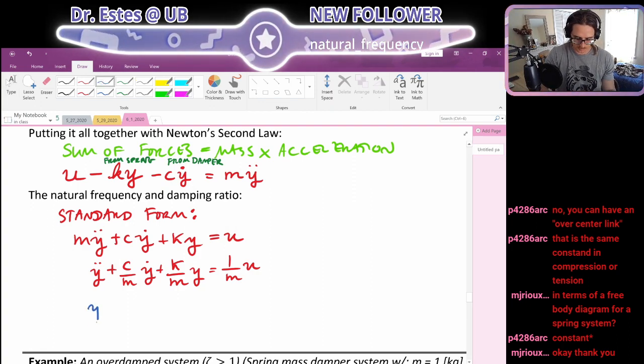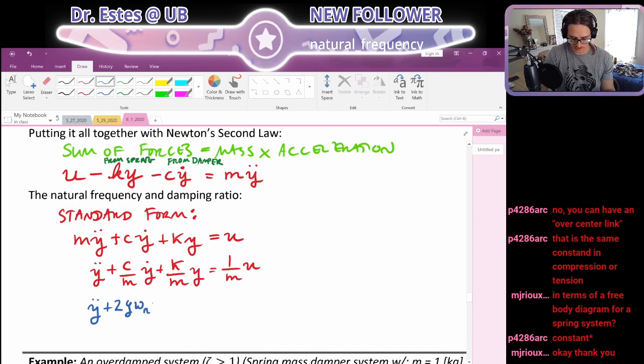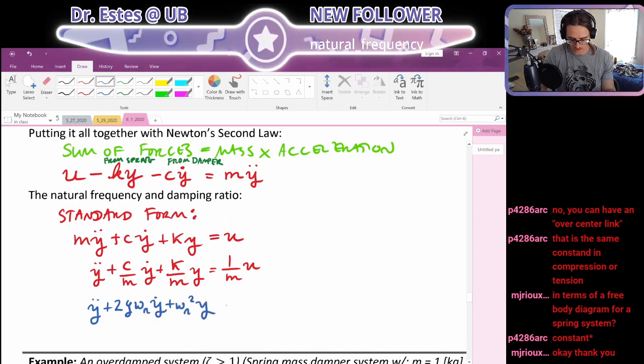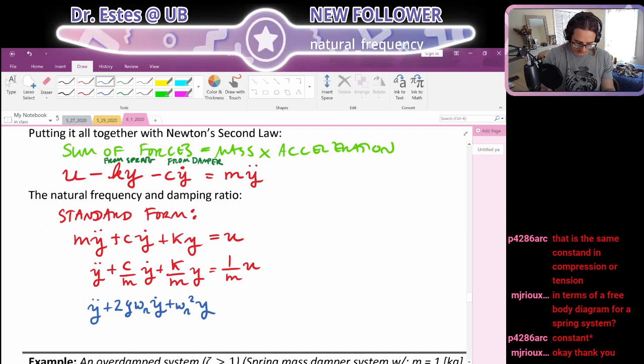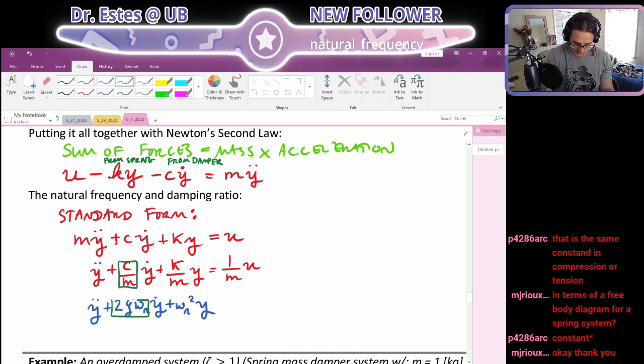So to drive it home, the standard form is this: 2 zeta omega n y dot plus omega n squared y. So I'm comparing this to this, and I'm comparing this to this.